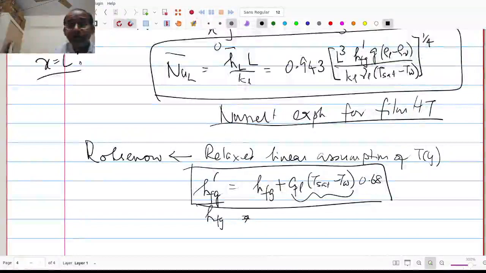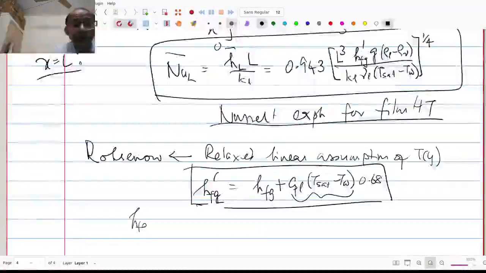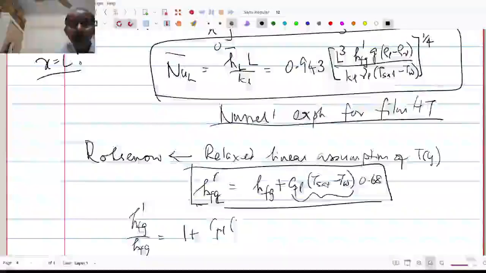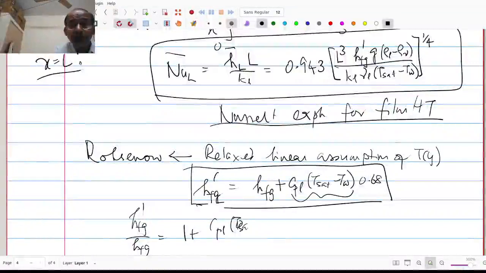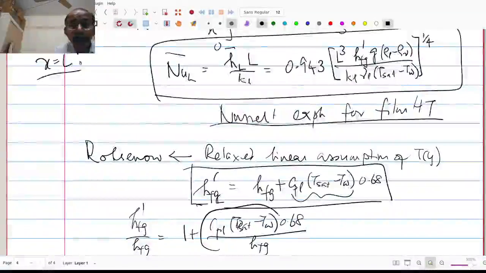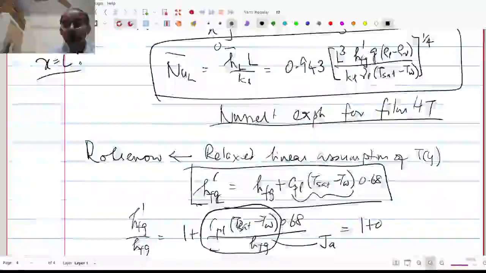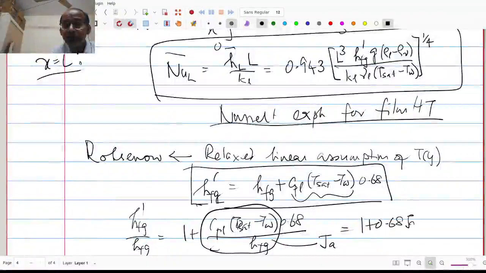So if I divide throughout by HFG, let me just do that separately here. It is equal to 1 plus CPL into Tsat minus Twall into 0.68 divided by HFG. If I call this number, CPL into Tsat minus Twall by HFG, the Jacob number, this becomes 1 plus 0.68 into Jacob number.